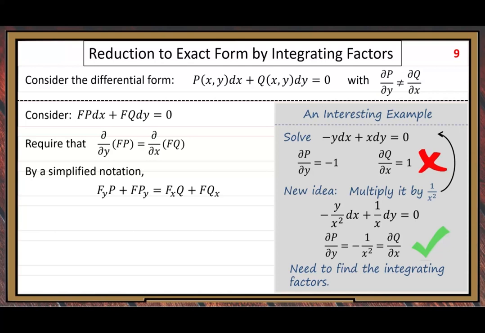F is unknown, and f sub y, f sub x are all unknown. How do you do the calculation? It's hard. Not just you, I feel it's hard. I do not know how to solve it myself. It's hard for me.